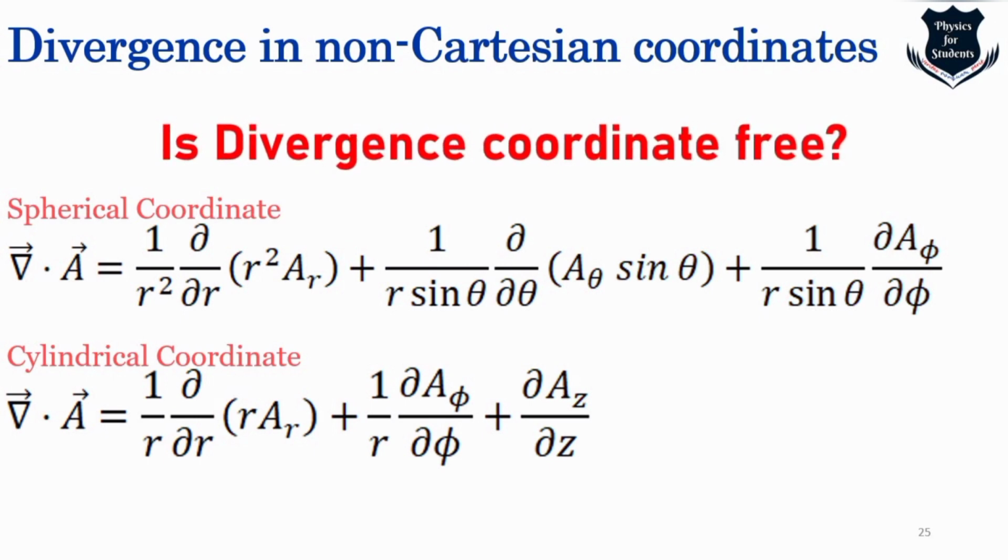The divergence of a vector field we know is defined as a limiting ratio, but is it a true vector field operation which results in an independent, coordinate free divergence? Is it so? This is a quiz which I would like to know, and I really don't have the answer. So if you do have an answer, is divergence coordinate free or not, let me know in the comment box. I would really like to exchange ideas with you. So just give it a thought when you have time.